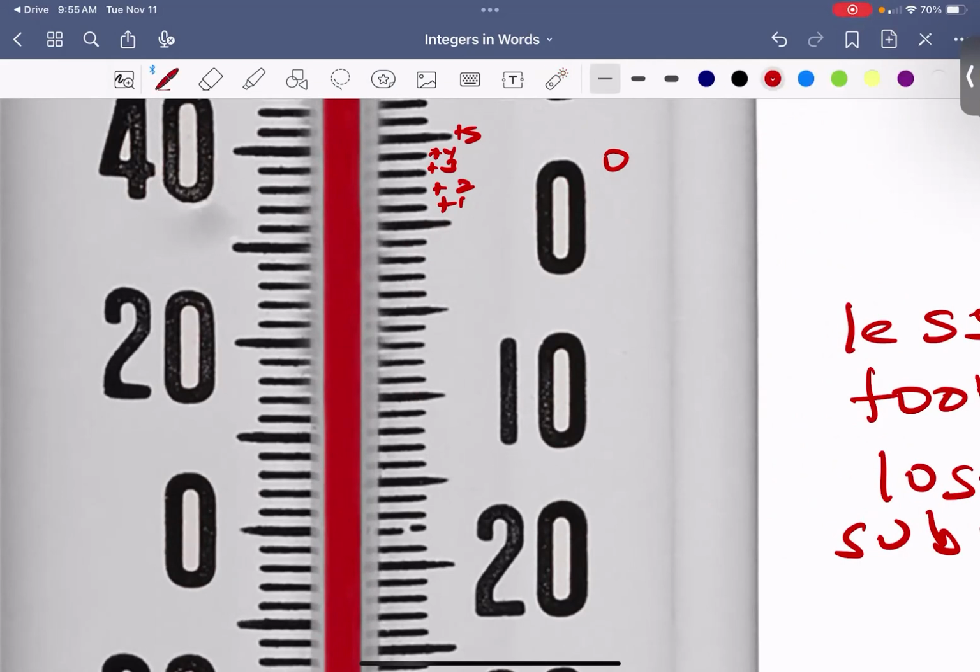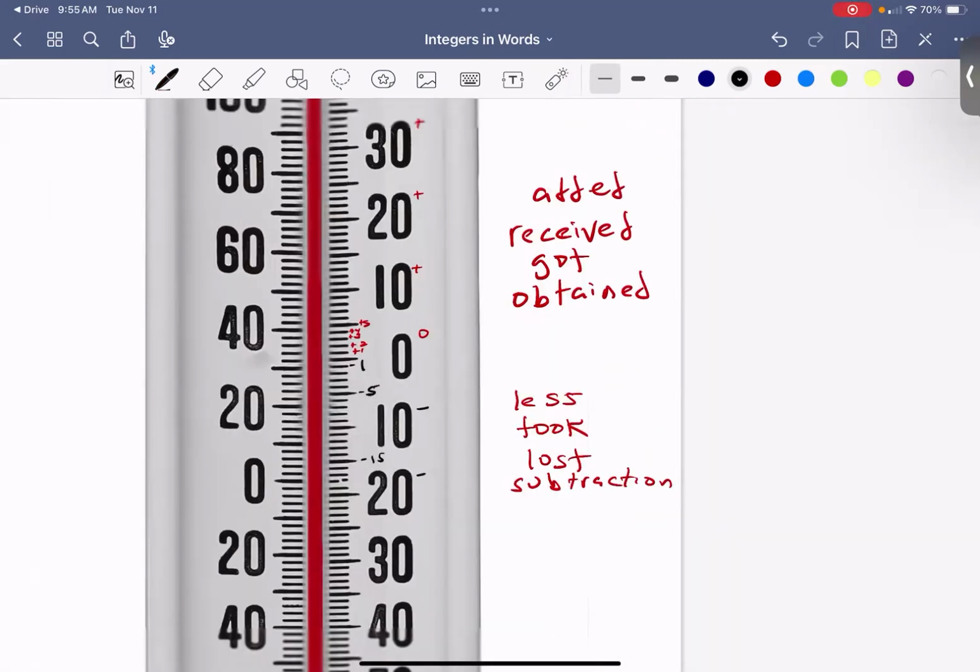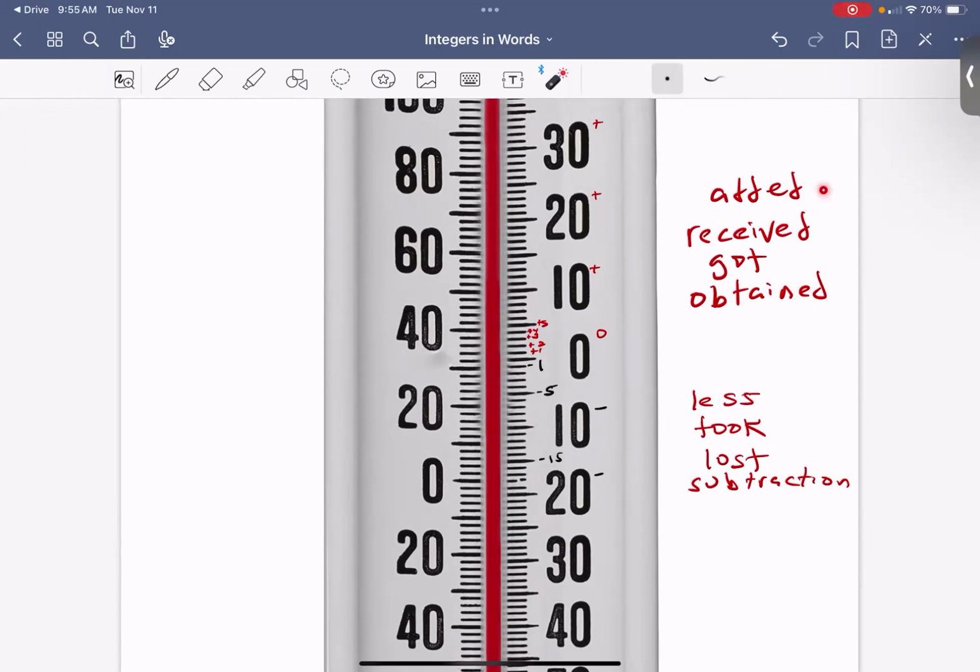So this would be -1. This would be -5. This is -10. This would be -15. This would be -20. So we want to look for words that give us a clue as to what type of number. This is the clue for positive numbers, and these are some clue words for negative numbers.